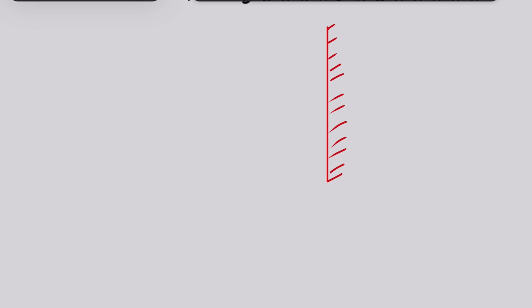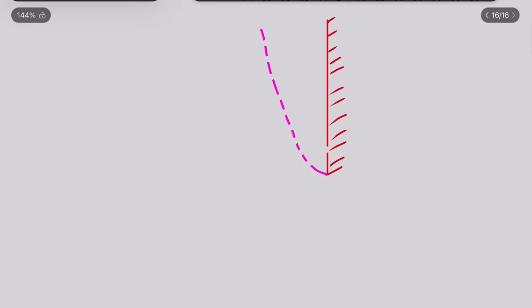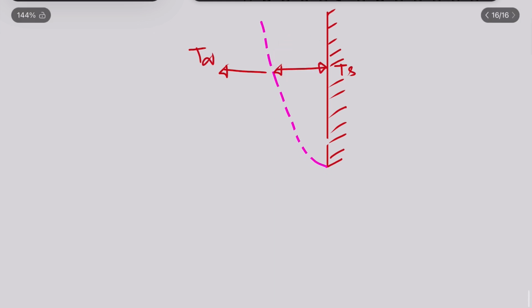I have already talked about this heated layer, within which we have this temperature gradient. So this is Ts, and on this side we have T infinity. In this region the temperature gradient is there. But now I am saying that my Prandtl number is much greater than 1.